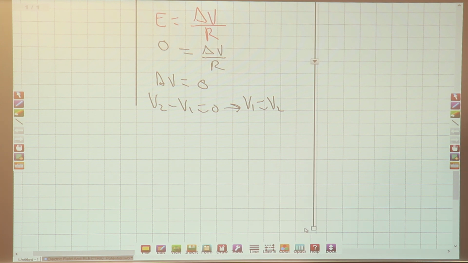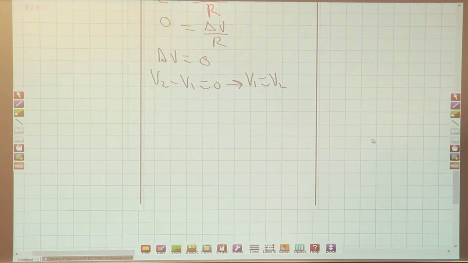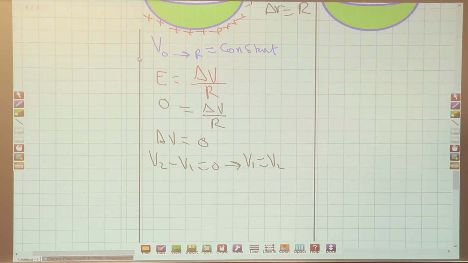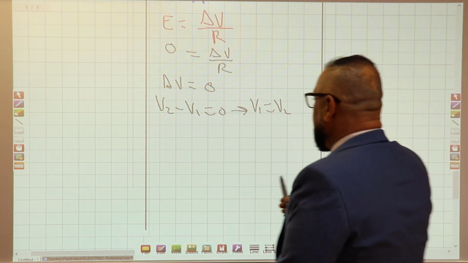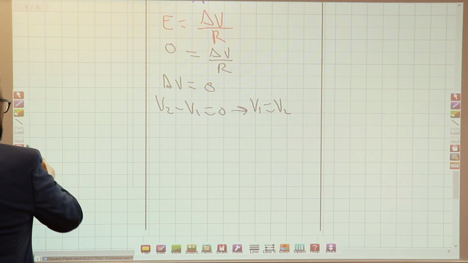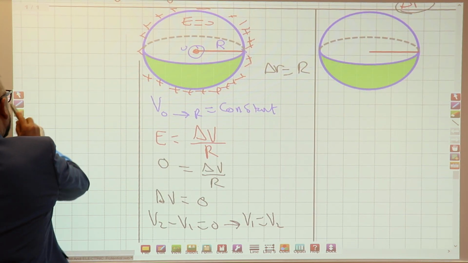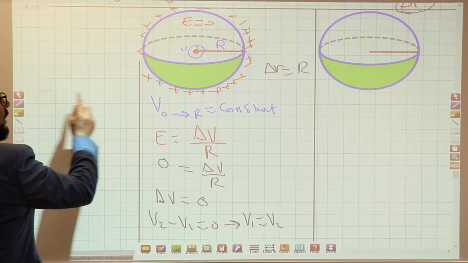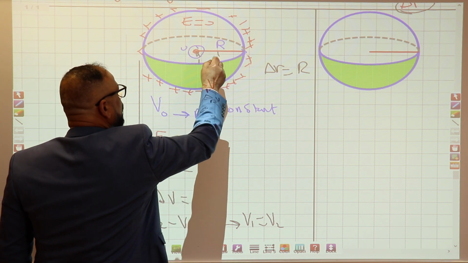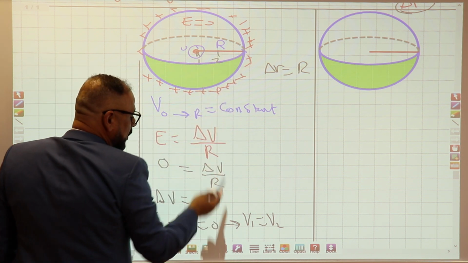let me extend this line a little bit to make it organized for you. That means, look here guys, if you take point 1 and point 2 anywhere here, between 1 and 2 the voltage is the same.